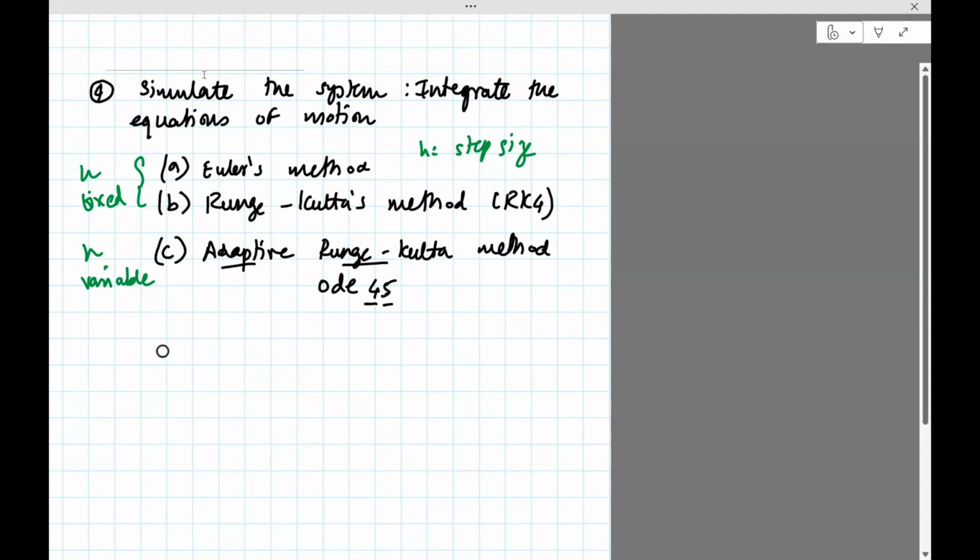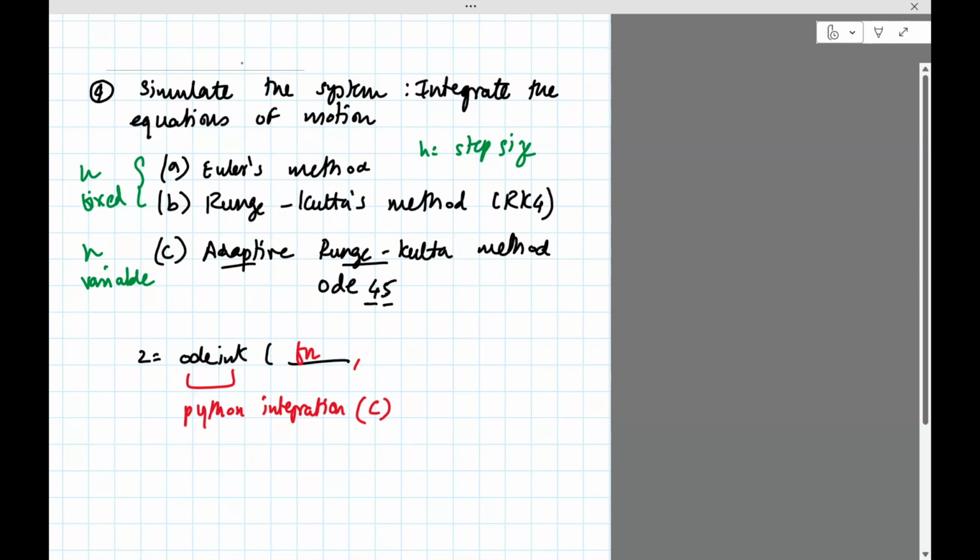Okay, so we'll just be good users of a function called ODEInt, which is basically a Python function which does integration. I think it uses the method C. It requires the function which is to be integrated, and I'll write down what that would be.